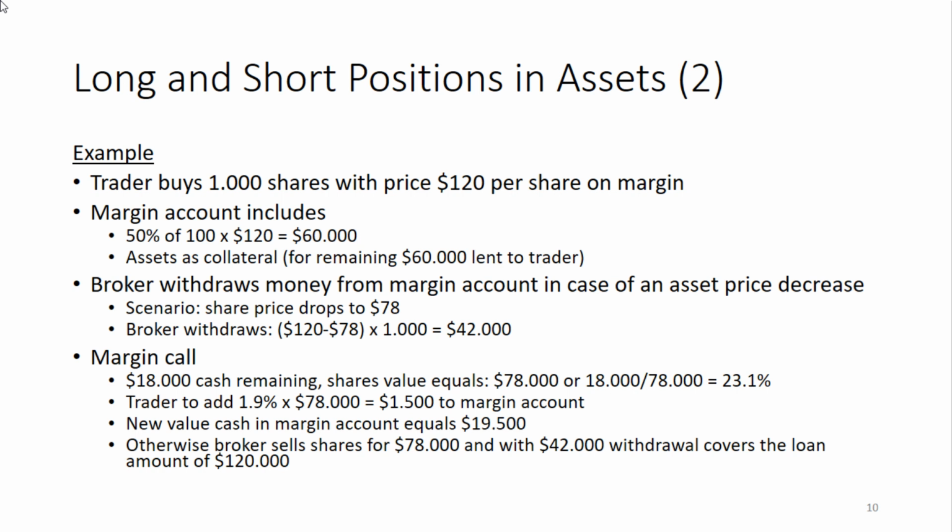The broker already had withdrawn $42,000 from the margin account because there was a price decrease. So selling the shares for $78,000, and on top of that the $42,000 which was withdrawn in cash, totally makes up the amount of $120,000, and this is exactly the amount that the broker was required to receive from the investor, from the trader, to honor the contract.